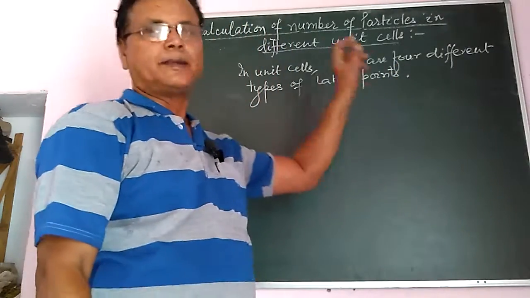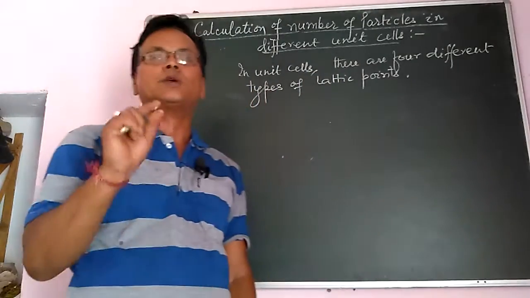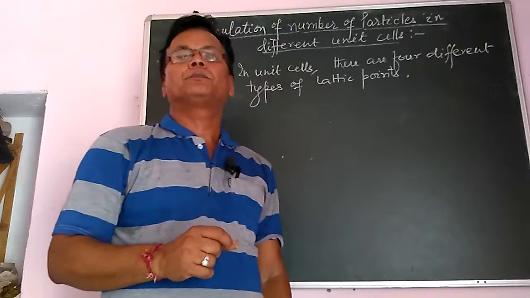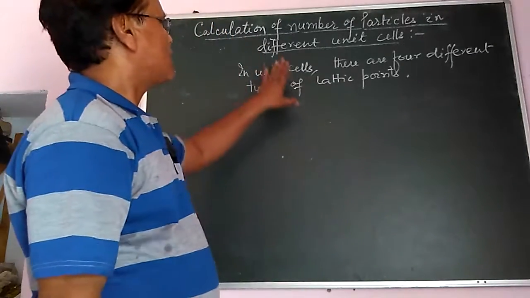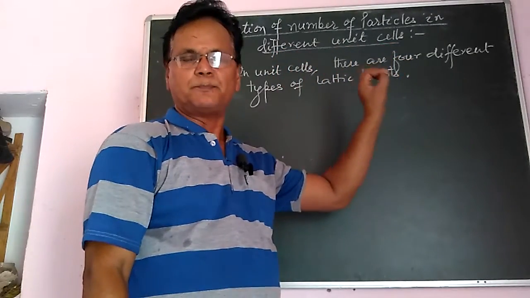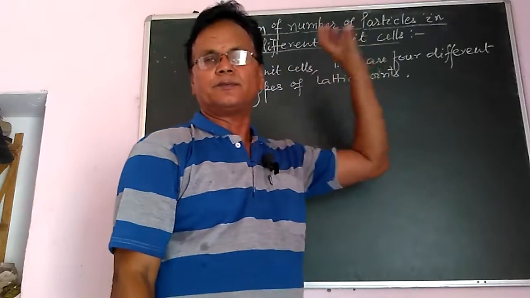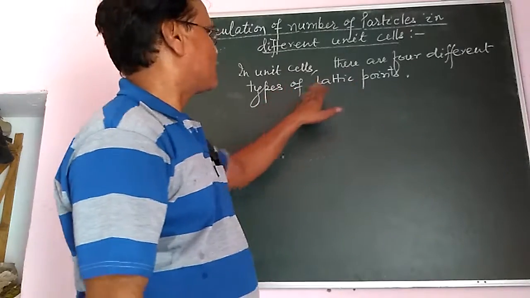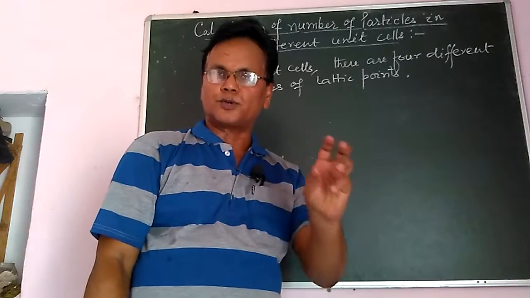What do you mean by the lattice points? Lattice points means the position or location of the particles in unit cells. So I shall give you the tricks, simple method, simple formula to derive the number of particles present in different unit cells. We have seen there are 4 different types of lattice points, 4 different types of location of the particles.